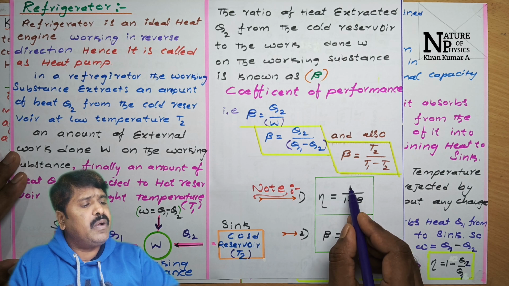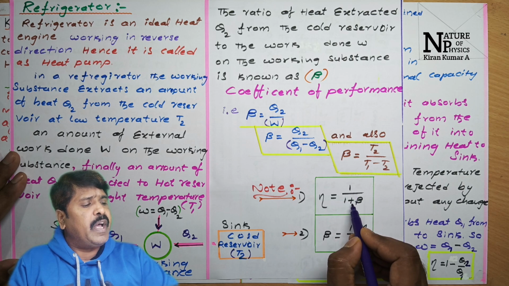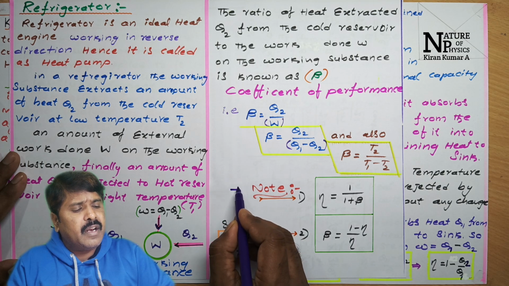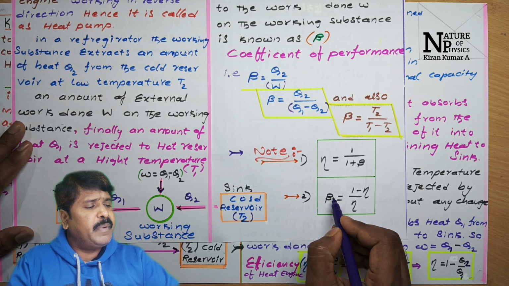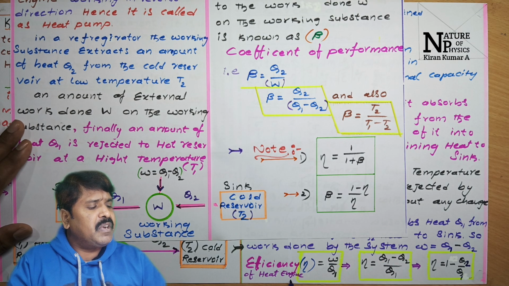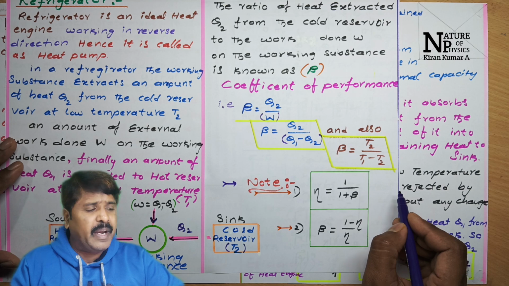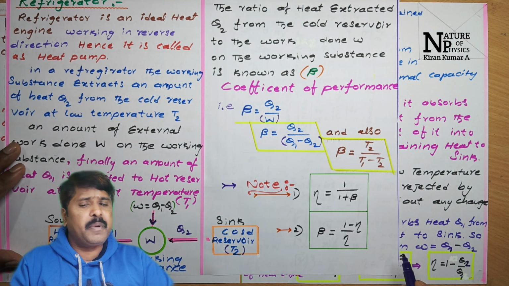Neta is equal to 1 divided by 1 plus beta, and beta is equal to 1 minus neta divided by neta. Note this represents the relation between neta and beta. Neta represents the efficiency of the heat engine, student, and beta represents the coefficient of performance. So the relation is clearly represented.